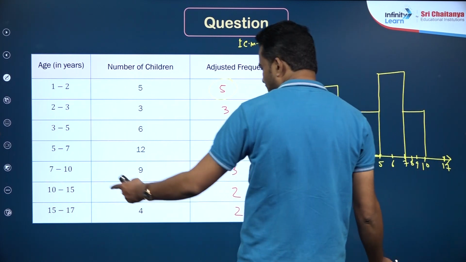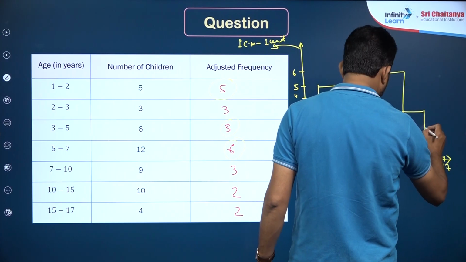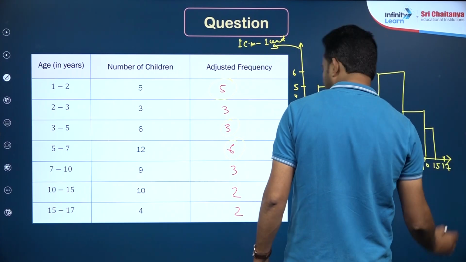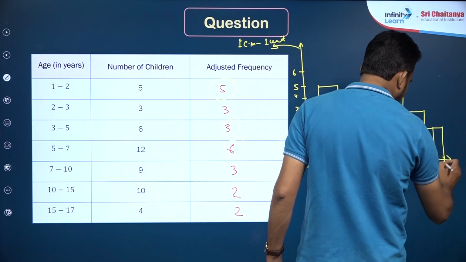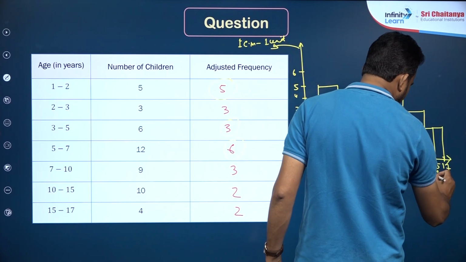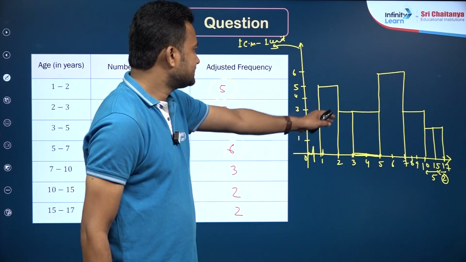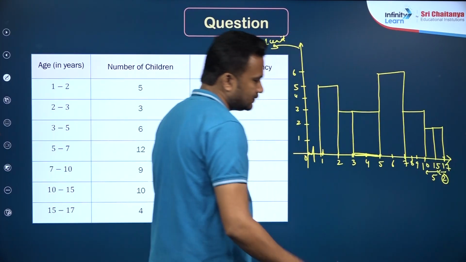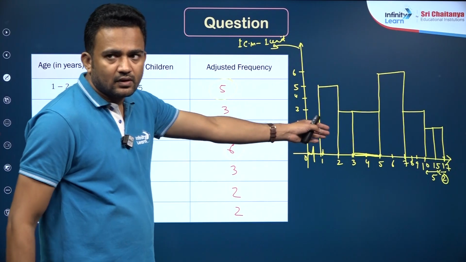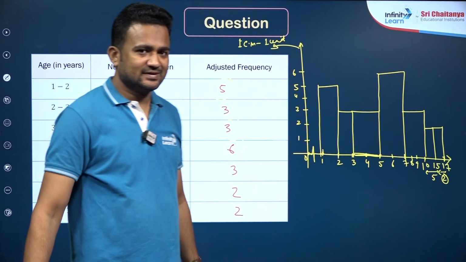Similarly you have to complete this. 10 to 15 we have 2, let's say this is 15, and 15 to 17 we have again 2. But in this case the class width should be 5, in this case the class width should be 2, right? So this is our respective diagram. Here there are certain glitches, so you have to do accordingly. The class width will be more in comparison to the given one because we have no space, right guys?